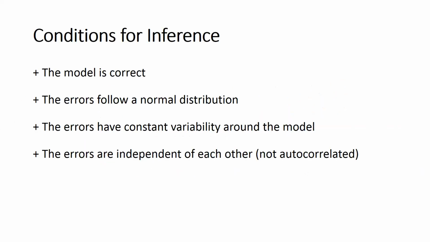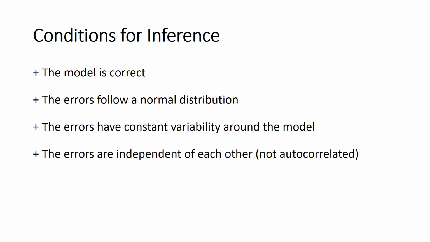The conditions are exactly the same as they were for the simple linear regression. The model should be correct. The errors should follow a normal distribution in theory. The errors should have constant variability around the model, and they should be independent of each other. So those are the theoretical conditions, and as long as we only have one y variable, even if there are multiple independent variables, then these conditions apply because the errors, the epsilons that I've used in the notation, are univariate as well.